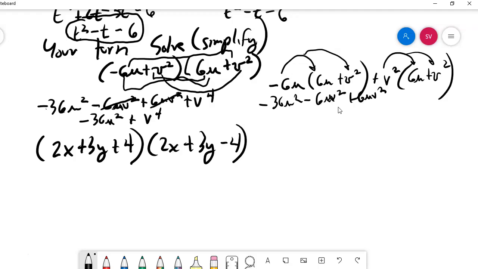This is all multiplication. Order doesn't matter, so I put the u and the 6 and the u ahead of the v squared after I multiplied it, plus v to the fourth. The 6uv squareds cancel, and I get minus 36u squared plus v to the fourth. Same exact answer that we got doing the FOIL method.